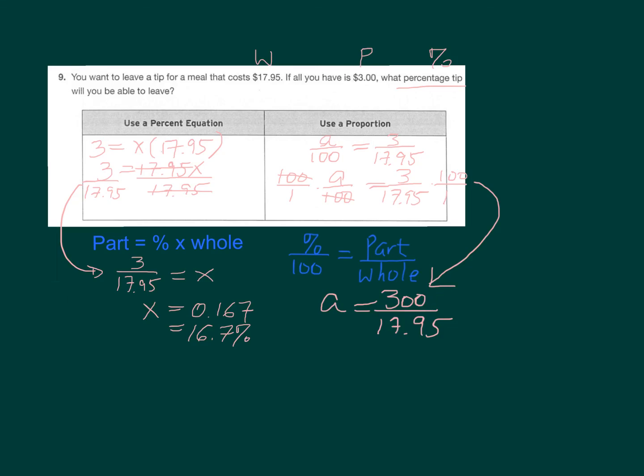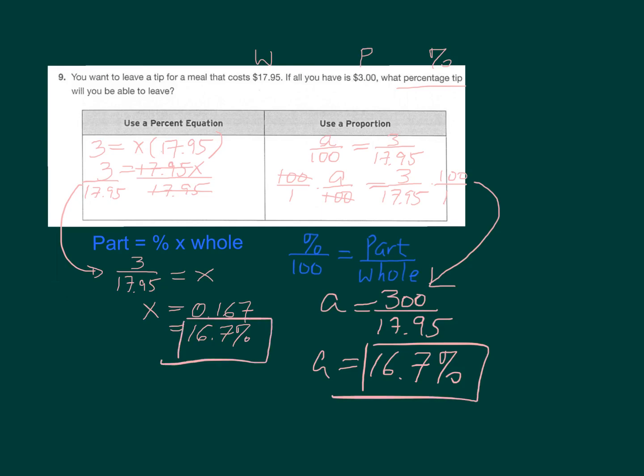Okay, so you could grab your calculator, or you don't have to because you already did this part. So x here equals 16.7%. Okay, so you have your answer, 16.7% tip. And that's it for this video.